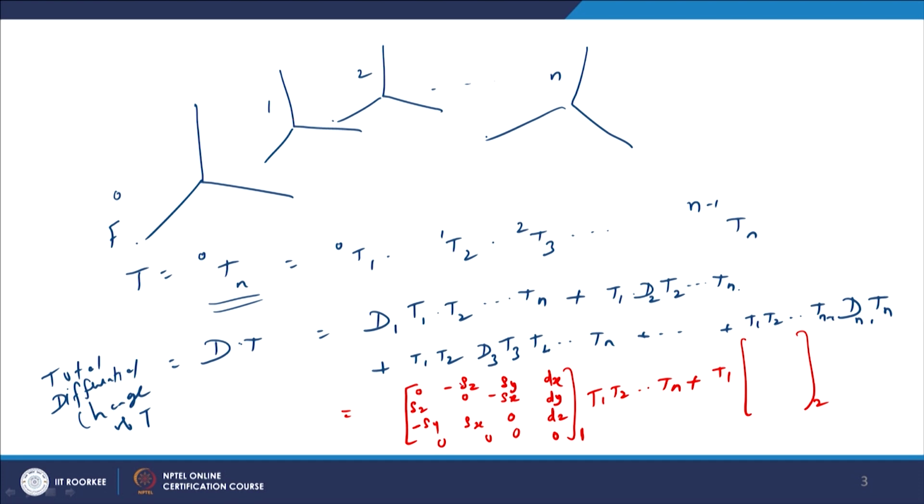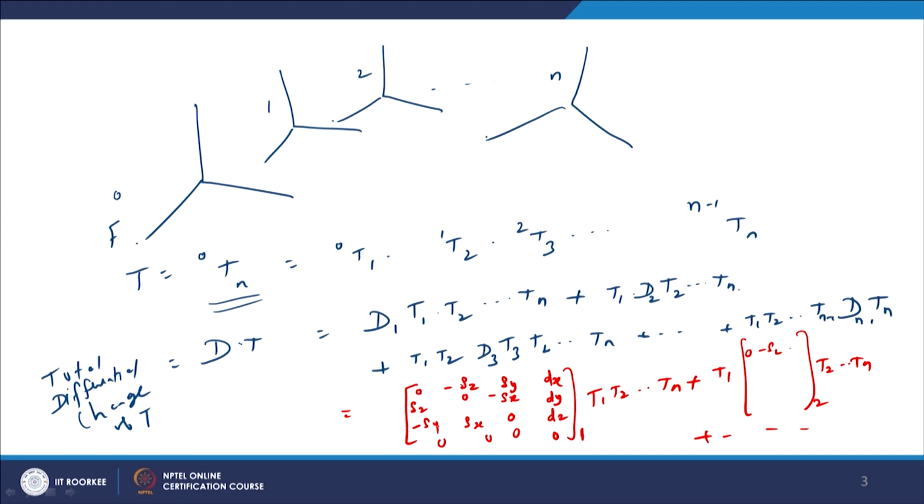Even though the entries will look similar, delta z, etc., the 2 indicates that these numbers correspond to the changes in the second frame. Similarly up to n, D1, D2, Dn are all different differential change matrices that can be added here.